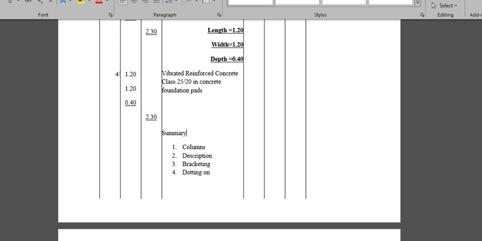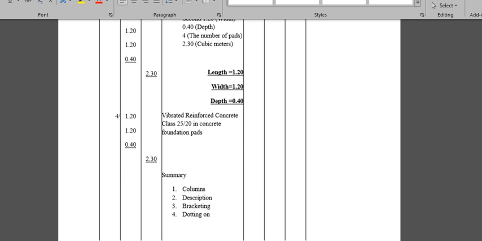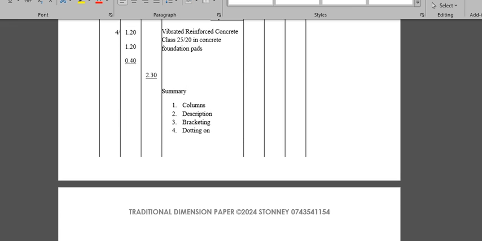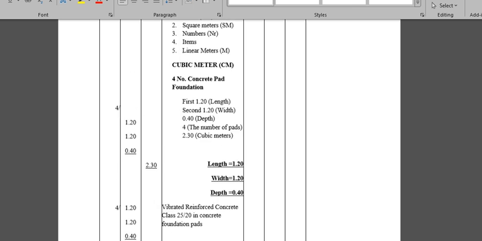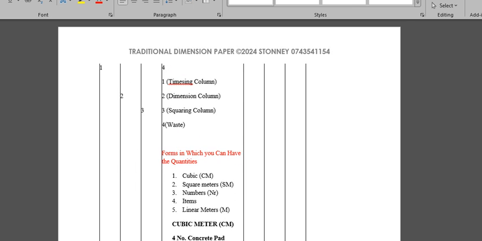So for instance, let's just use the same bits that we have employed today. We have the ones that we've used: 1.2, another 1.2, and 0.4. We're just using what we've done, and of course the 4 that is also there.